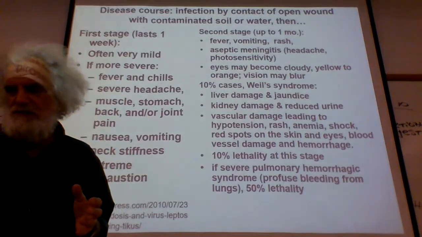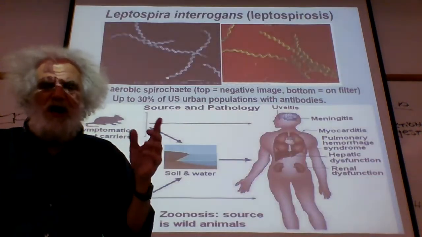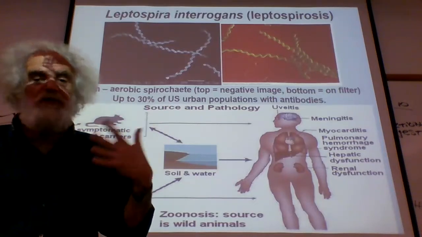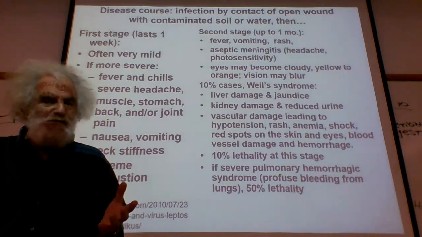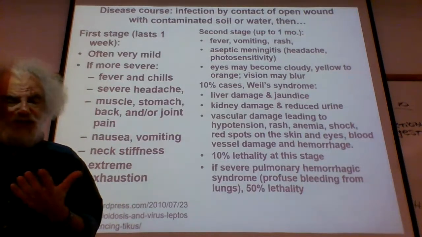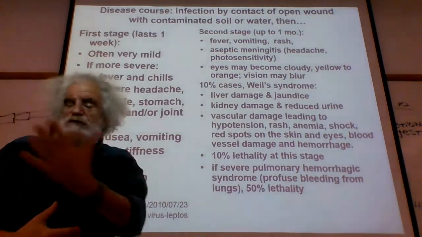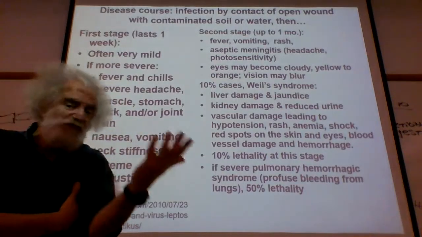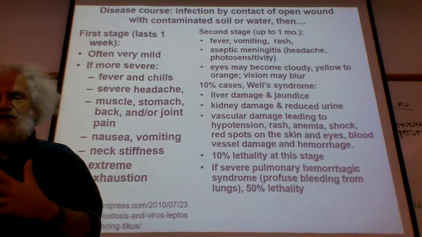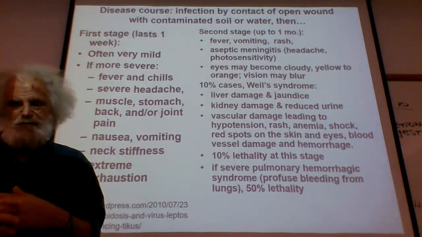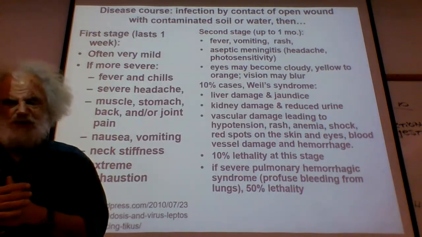And as the figure pointed out here, a lot of people have been exposed to it and don't have particular effects. So the initial stages could be very mild, and you generate an immune response to it and you knock it back. If the bacterial load's high enough, if you're a little bit immune compromised, you can start to have the next level of symptoms, ranging from flu-like symptoms and things.